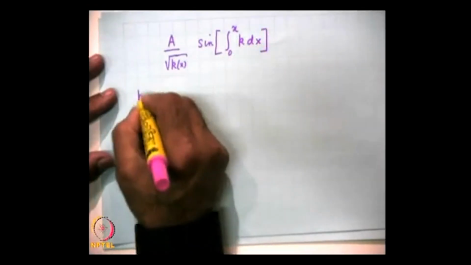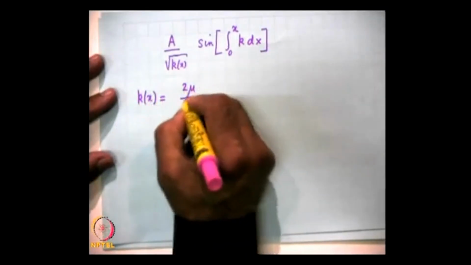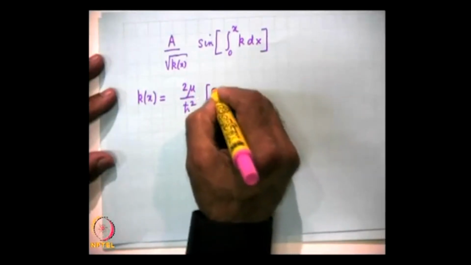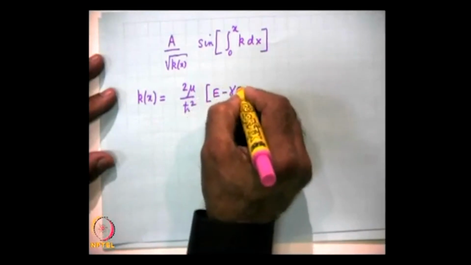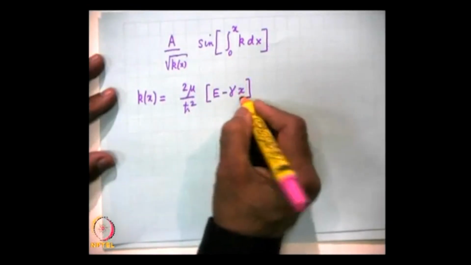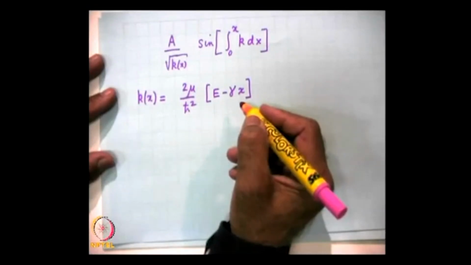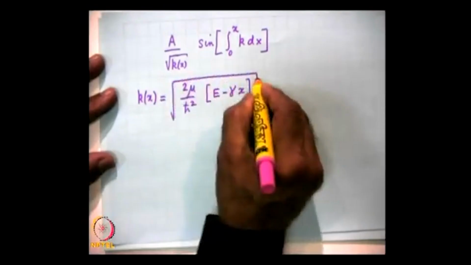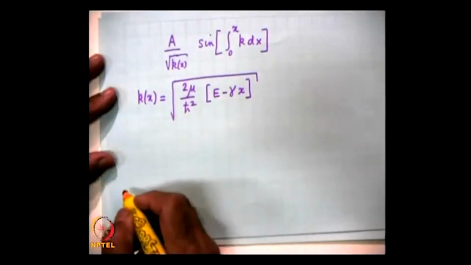And what was my k of x? k square of x was equal to 2 mu by h cross square times E minus gamma x, E minus V of x. So, k of x will be the square root of that.